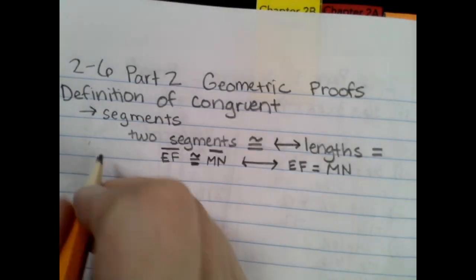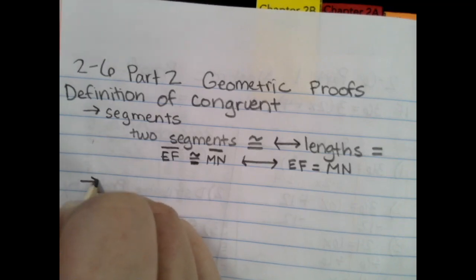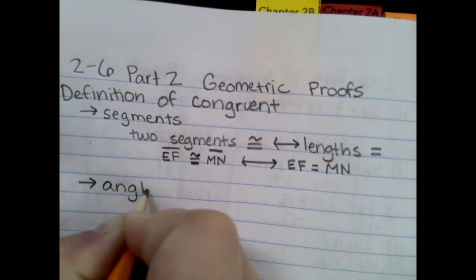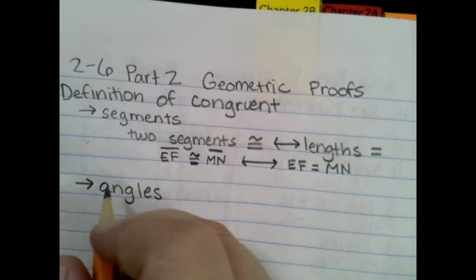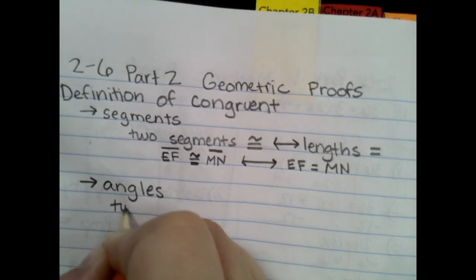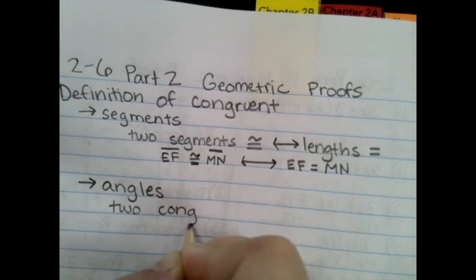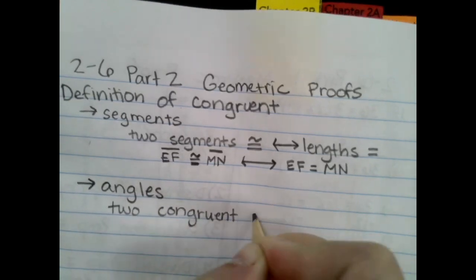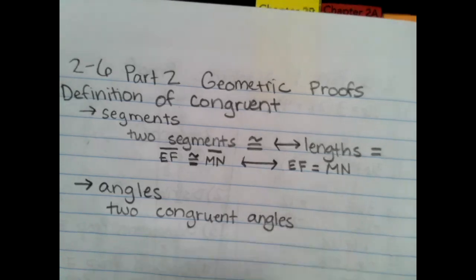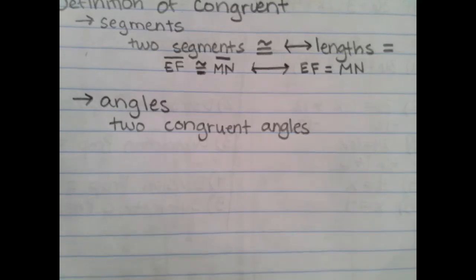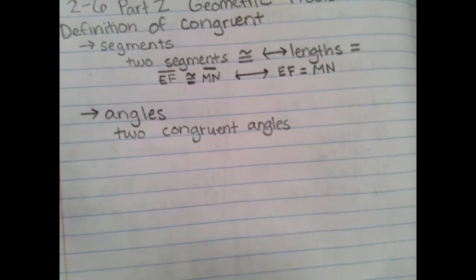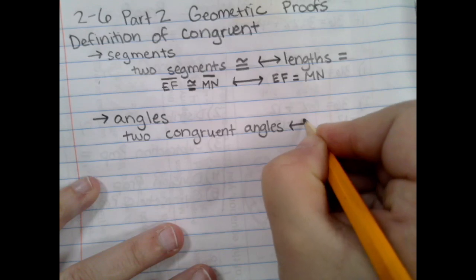Okay? We also have definition of congruent angles. So we have segments and angles. And we know that two congruent angles means that their measures are going to be equal.